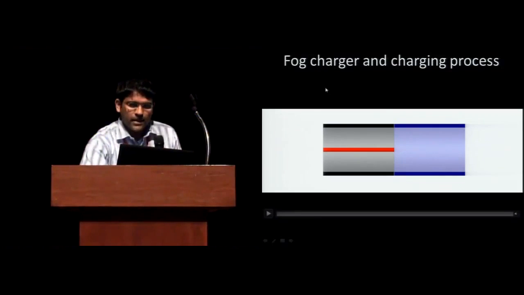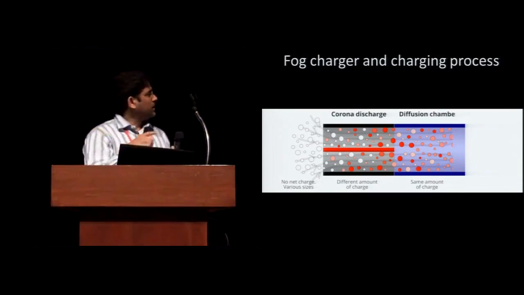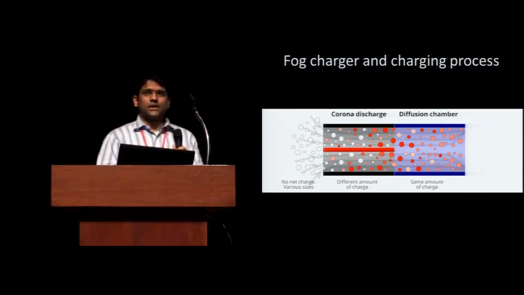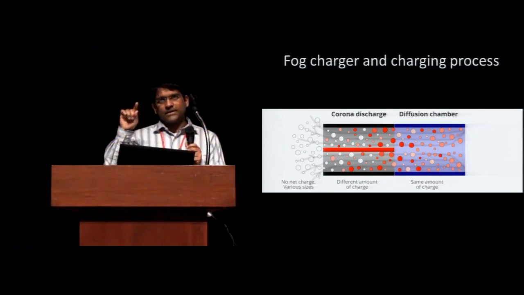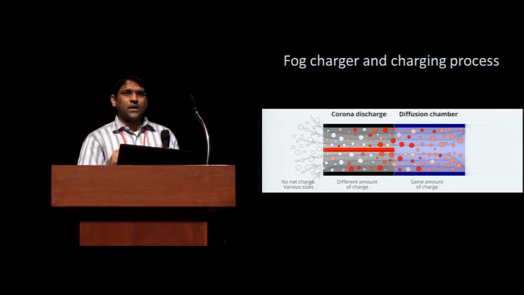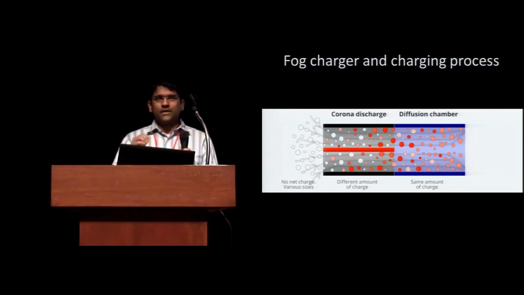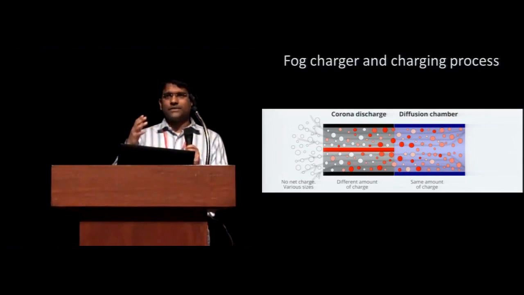In the paper, we present a charging mechanism where the black lines represent a copper tube, which is the ground electrode, and the red line is a copper wire, which is given 4 to 5 kilovolts to create corona discharge, the effect that happens just before we get a spark.